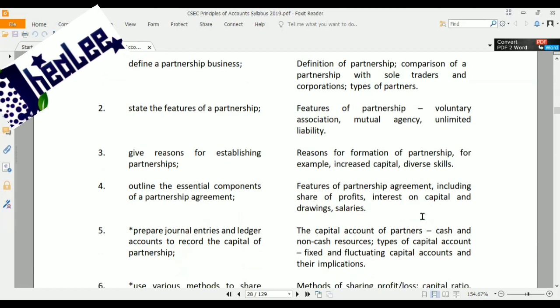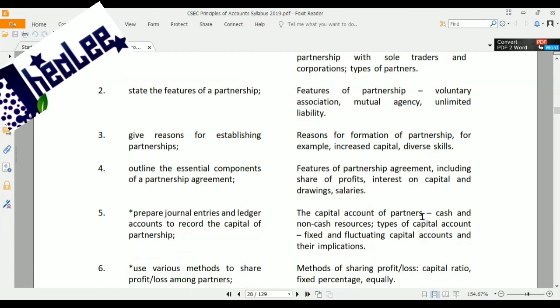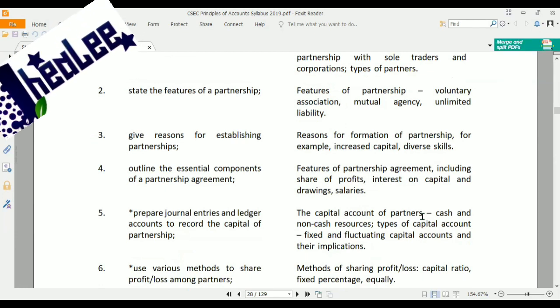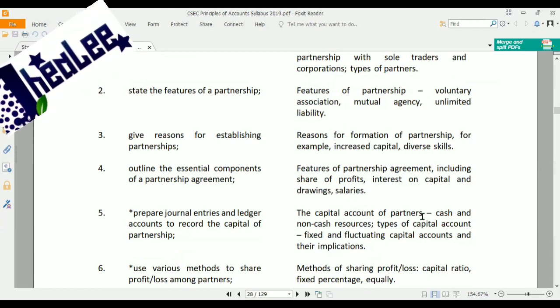Outline the essential components of a partnership agreement. The partnership agreement is basically the partnership deed, and this is what governs the operation of the business. It shows you things like the capital invested by each partner or to be invested by each partner, how profits and losses are to be shared, and how much reward should be given on the capital invested by the partner, so you're looking at the interest on capital.